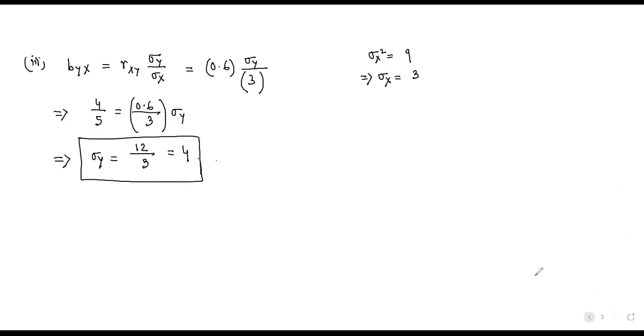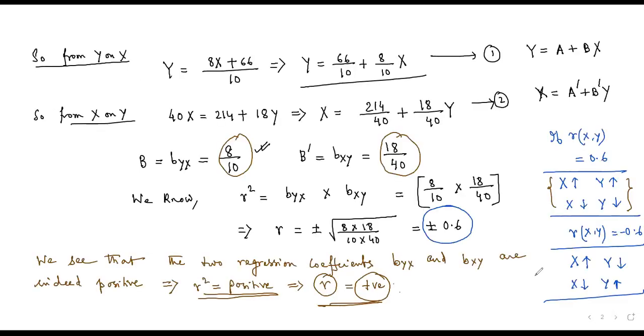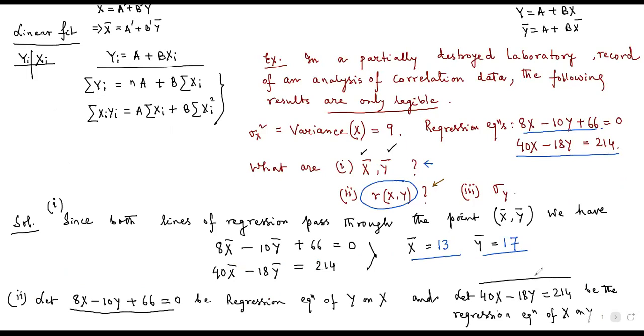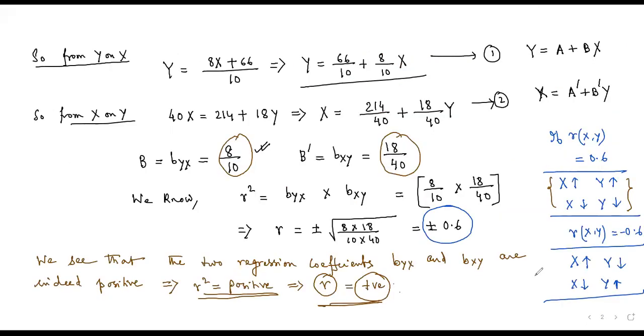In this manner, you can calculate with the help of the regression equation various other things which are essential for studying the bivariate distribution. But always remember, there are many other problems which you can try to do by yourself. It is not possible to show you the solution of all the problems.